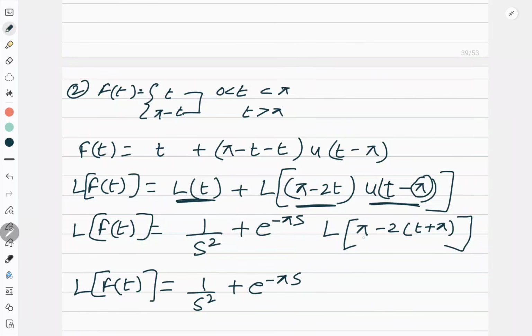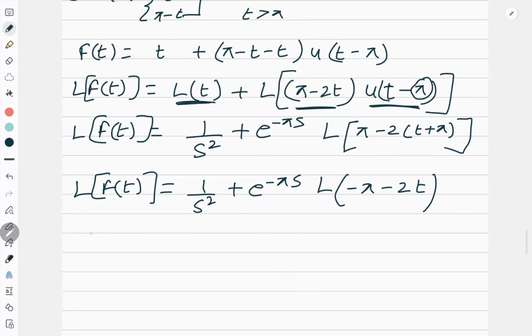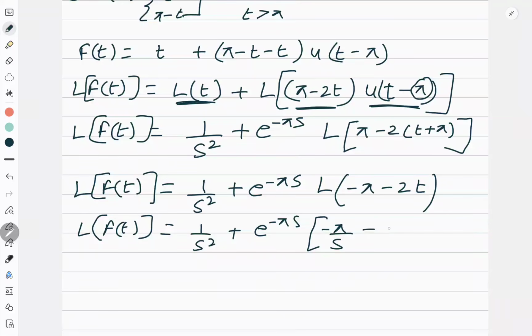And here see, pi minus 2t minus 2 pi, so Laplace of minus pi minus 2t. Okay, next step, Laplace of f t is equal to 1 by s square plus e to the power minus pi s. Okay, then what is Laplace of pi? Minus pi by s. And minus Laplace of t is what? 1 by s square. So answer.